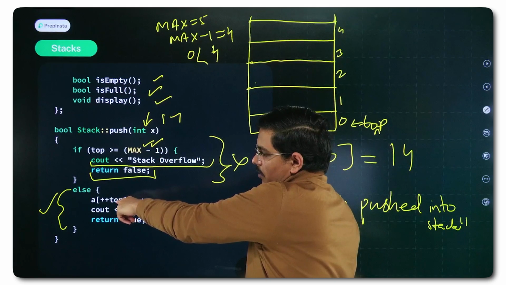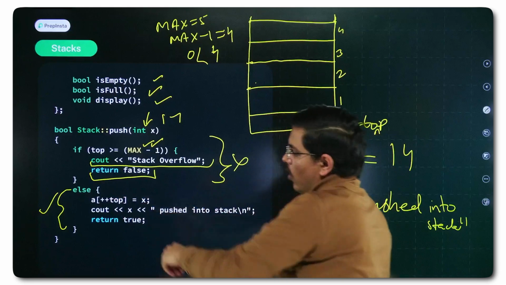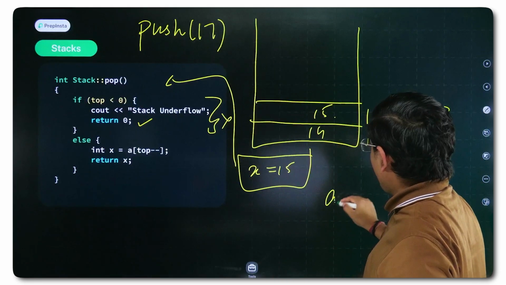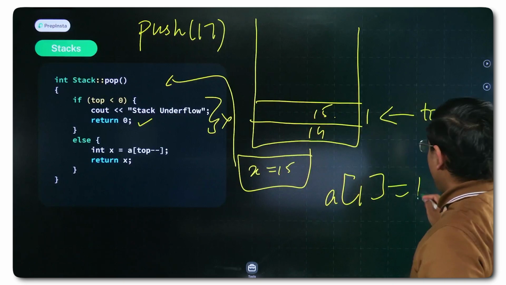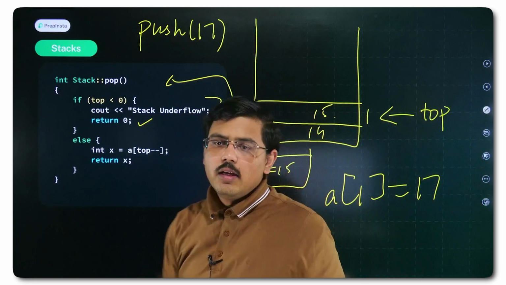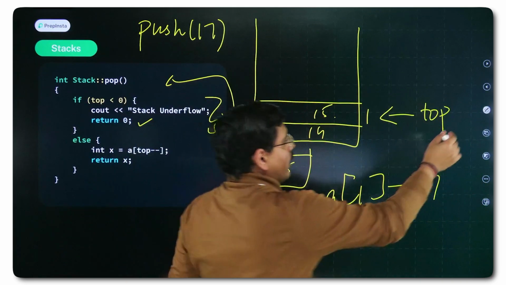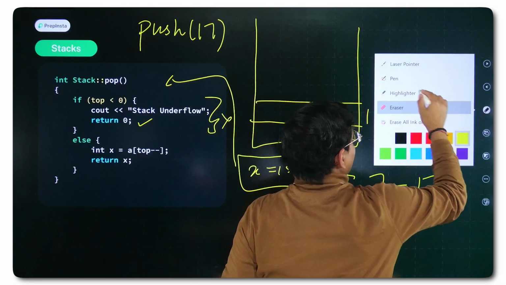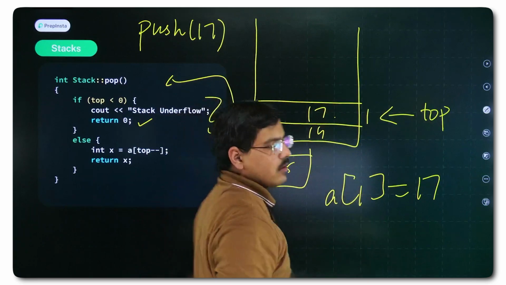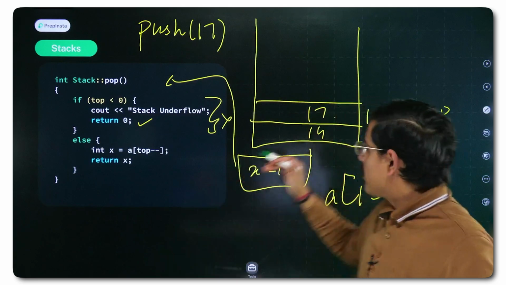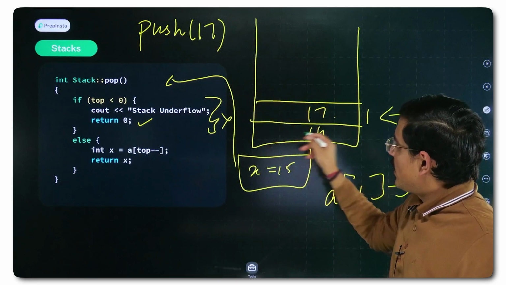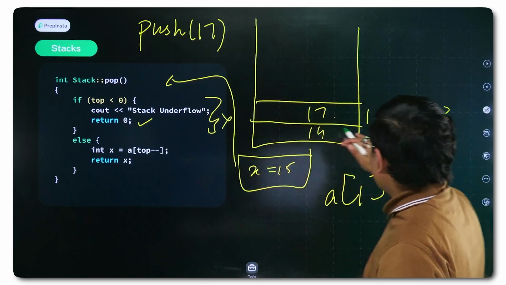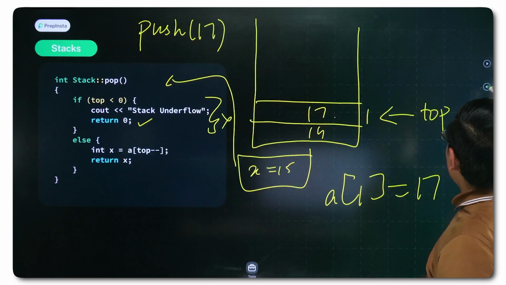After the pre-increment, a of 1 will be assigned the value 17. So this value is overridden or replaced by 17. Whenever the next push happens, this place is considered empty and will be filled. That is how a new push works.